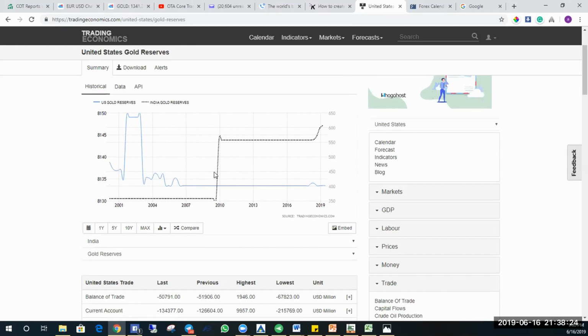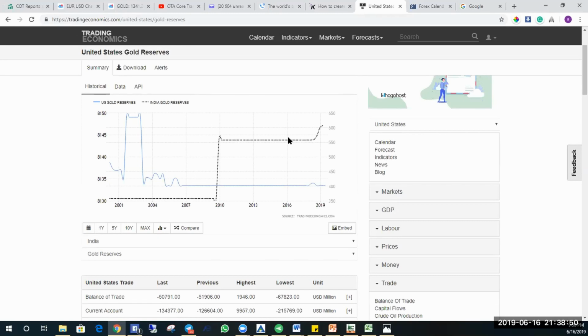The United States has the highest gold reserve, but we can see that since 2010, India has built up their gold reserves. In 2019, that has also been increasing in terms of trend. I don't know, I just thought I should share that information.